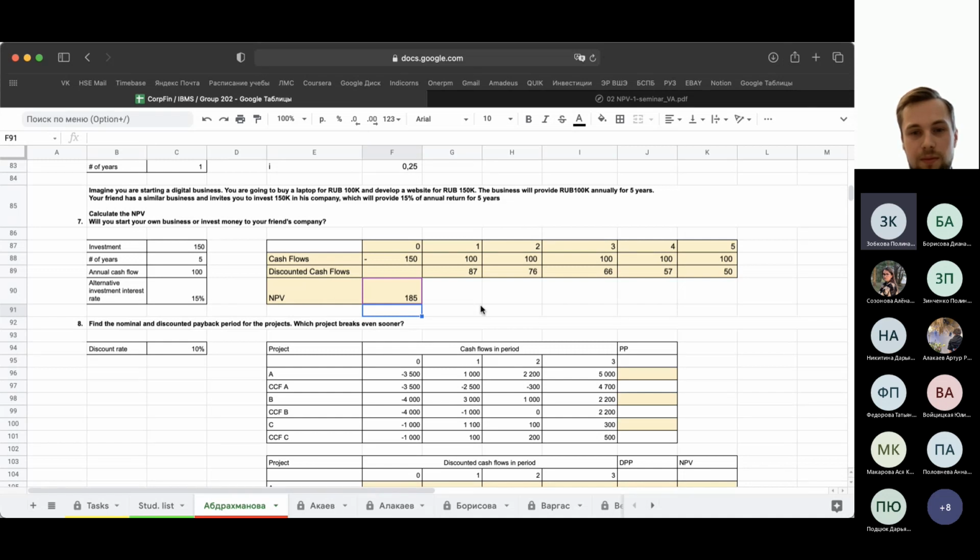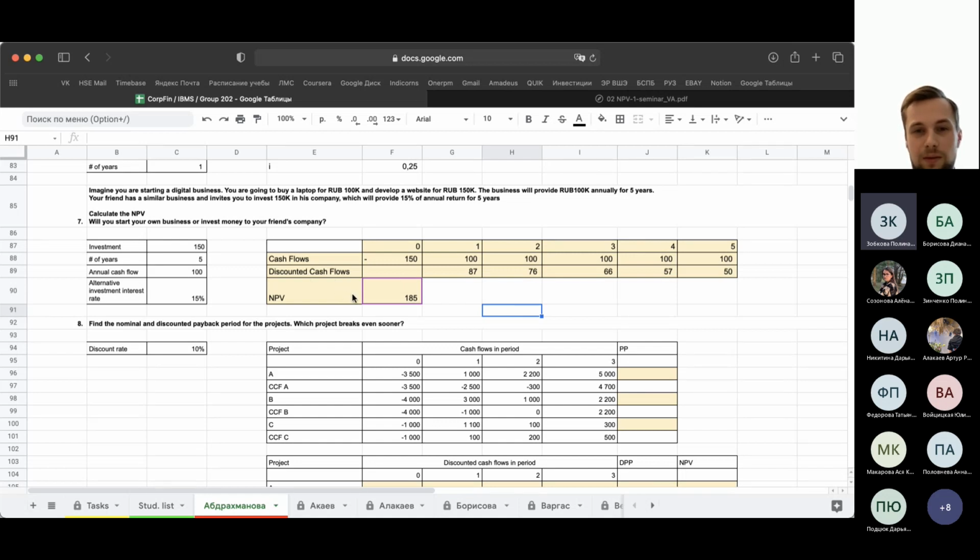Well, I guess we should invest in our friend's company. Why? Well, as we have discussed earlier, NPV, net present value, is the value that shows us how much we will gain investing in one project compared to investing in some other project.